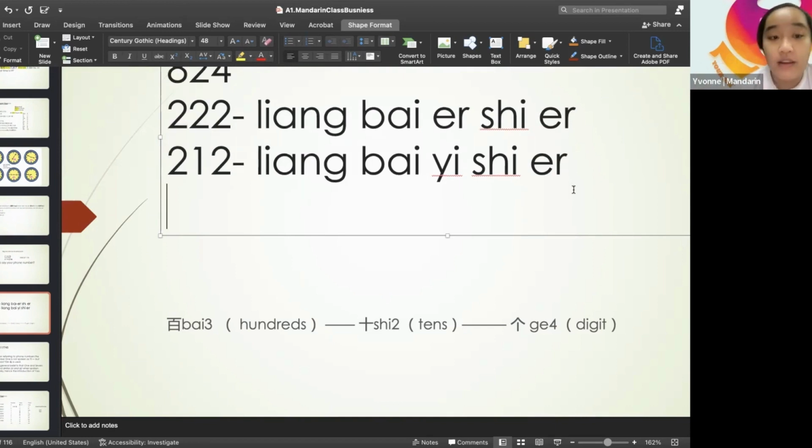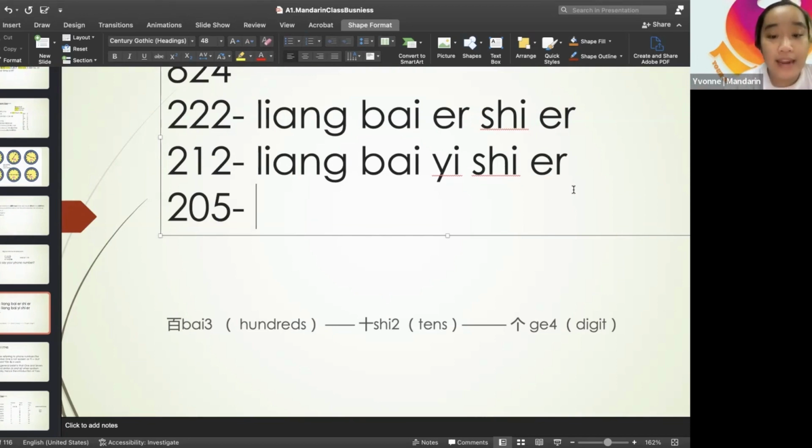What other scenario can I give you again? What happens when we have a 0 in the middle? 205. This is why I asked you to count 0, why I asked you to memorize it. This is where it comes in.